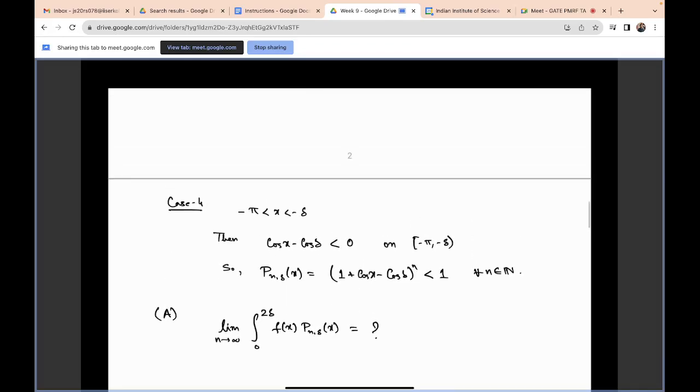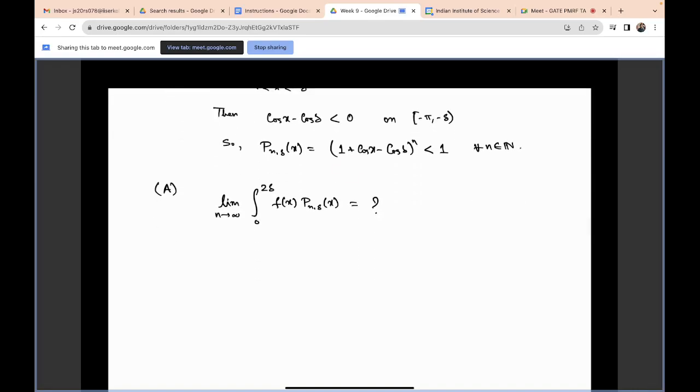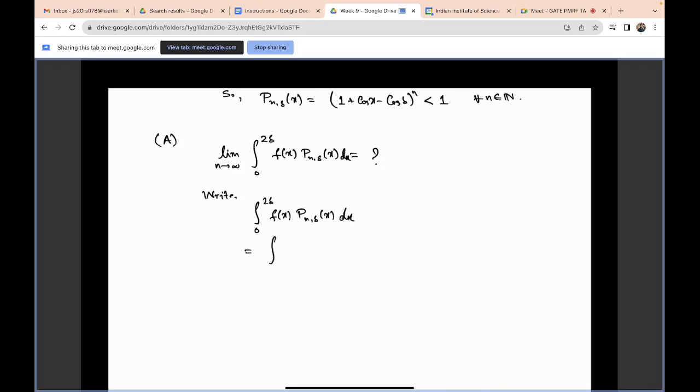So let's first divide this into 2. Let's write the integration from 0 to 2 delta of f(x) P_n,delta of x dx as the integration from 0 to delta of f(x) P_n,delta of x dx plus the integration from delta to 2 delta of f(x) P_n,delta of x dx.